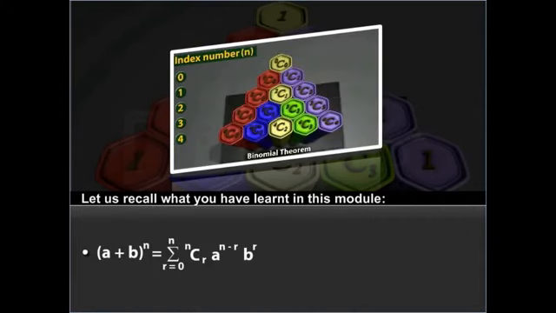The binomial theorem states that if n is any non-negative integer, then the binomial (a plus b) whole raised to the power n is equal to the summation of nCr a raised to the power (n minus r) into b raised to the power r, where the value of r varies from 0 to n.